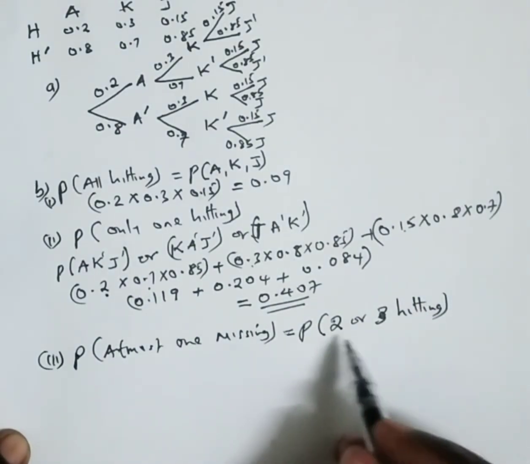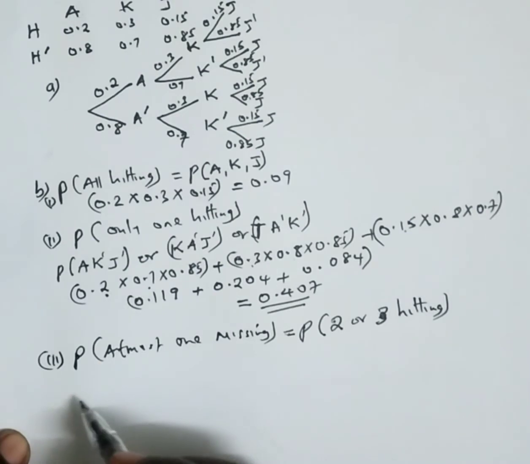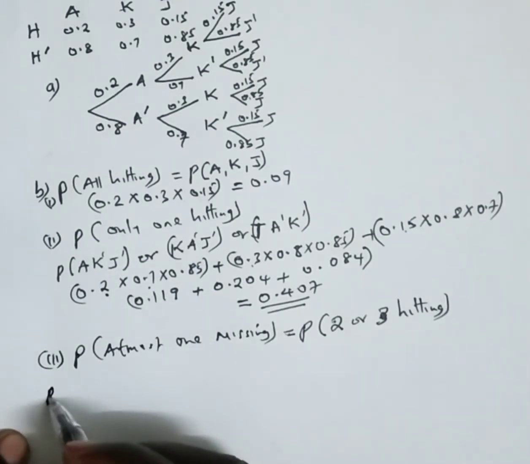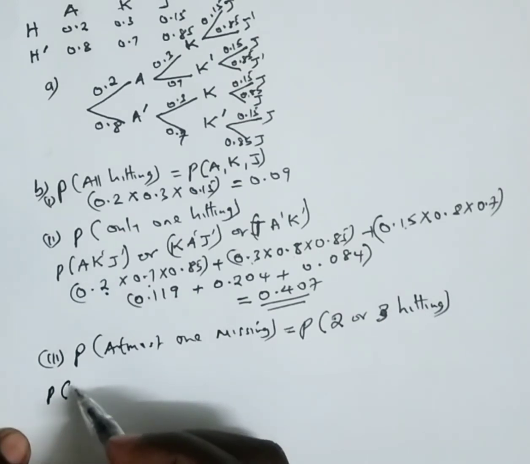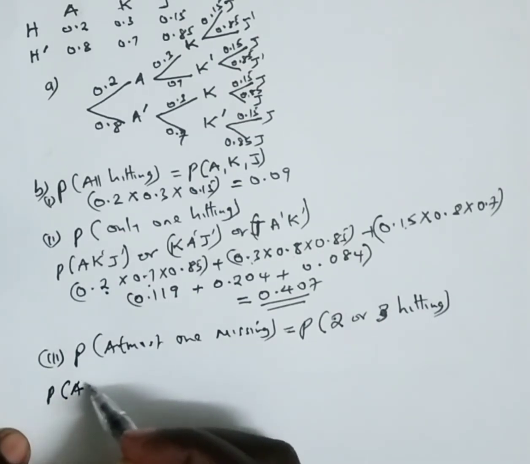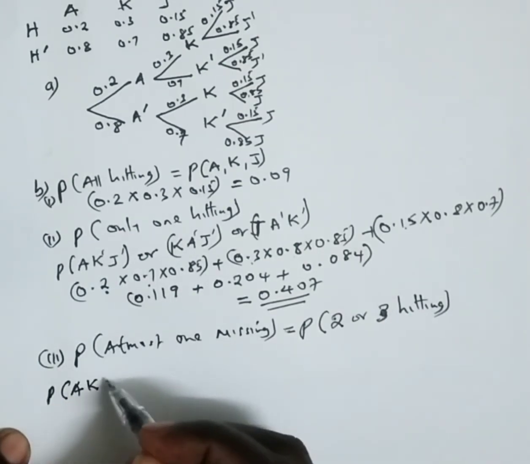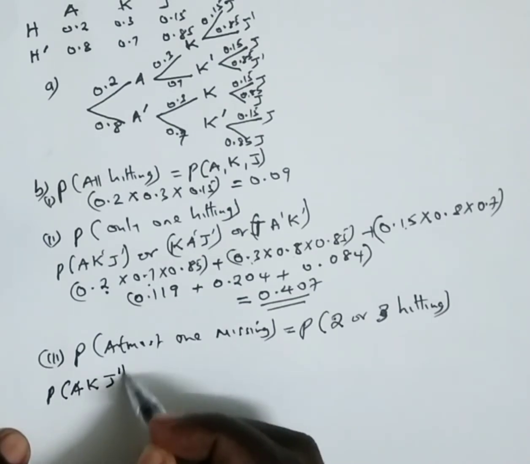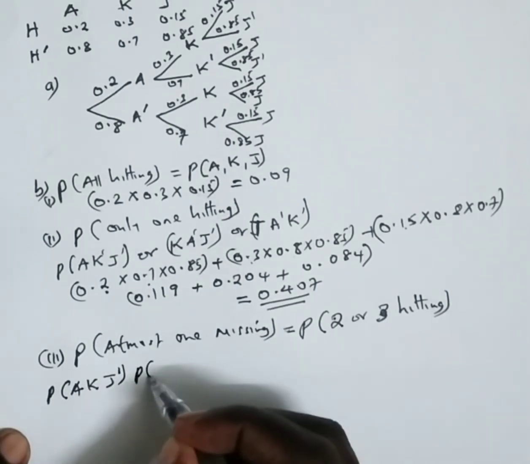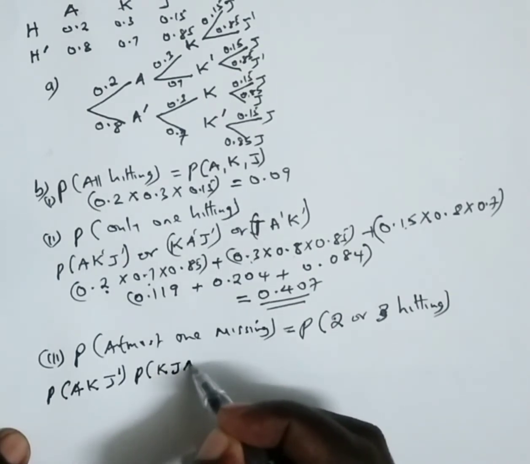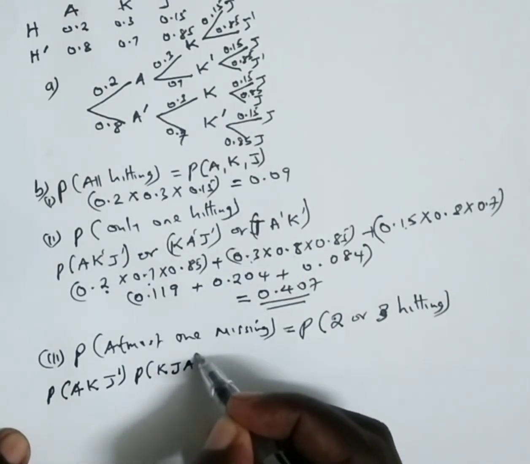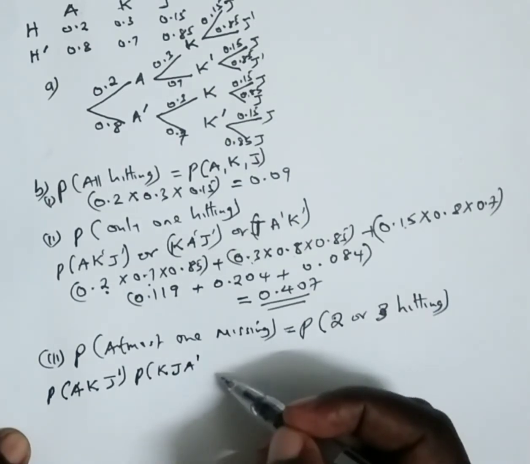So to get the probability of at least two hitting, if Akinyi hits, Kamau hits, Juma will miss. Or if Kamau hits, Juma hits, Akinyi will miss.